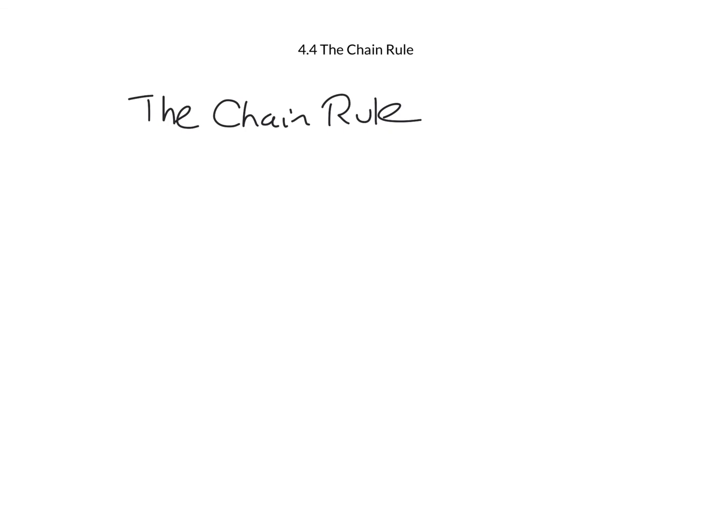Alright, 4.4, the chain rule. We're just going to see a bunch of examples of this after we go over the rule. The rule is for scenarios where we cannot apply certain previous rules.